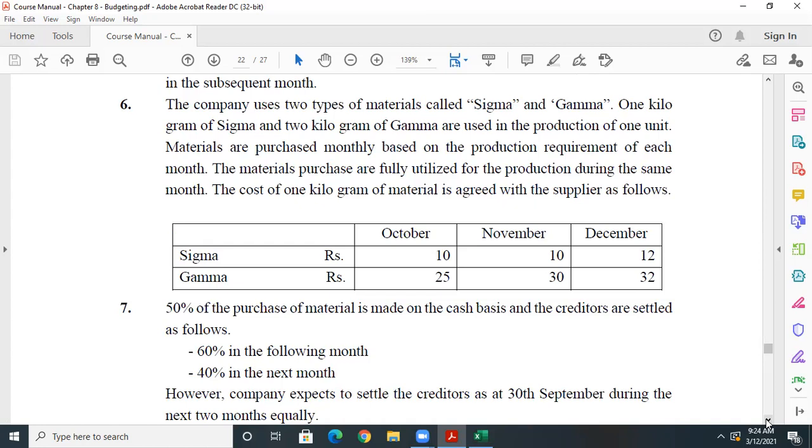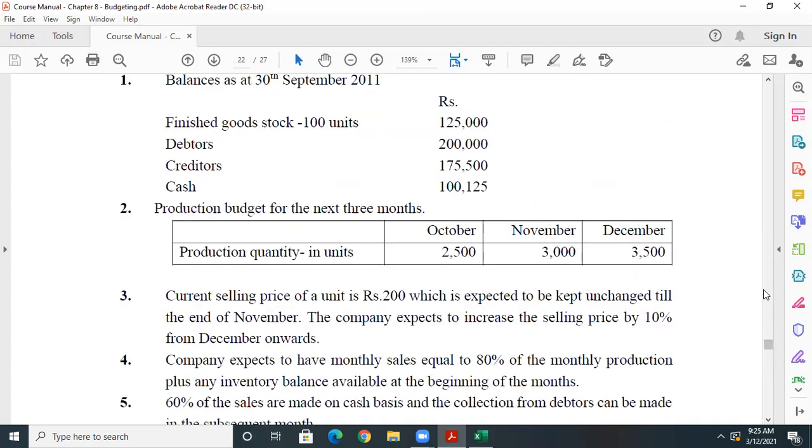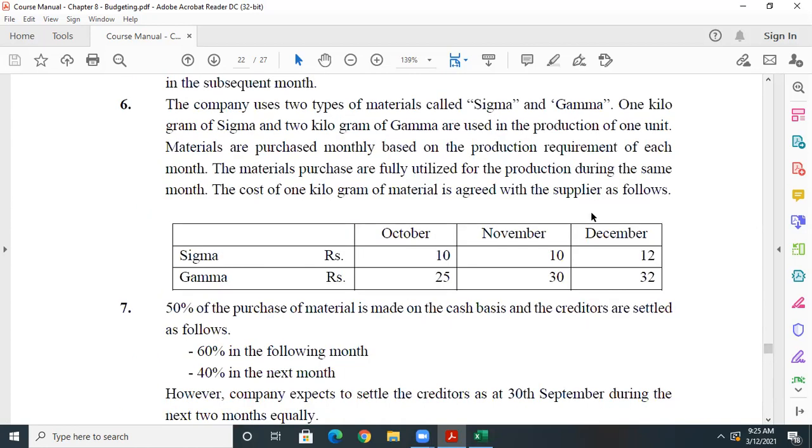The materials purchased are fully utilized for the production during the same month. The cost of 1 kilogram of material is agreed with the supplier as follows. That means there are no opening materials or closing materials. You purchase according to the production requirement.